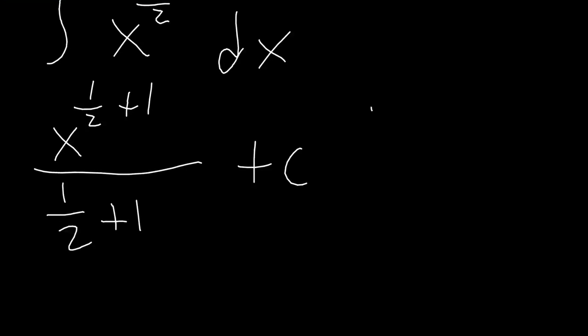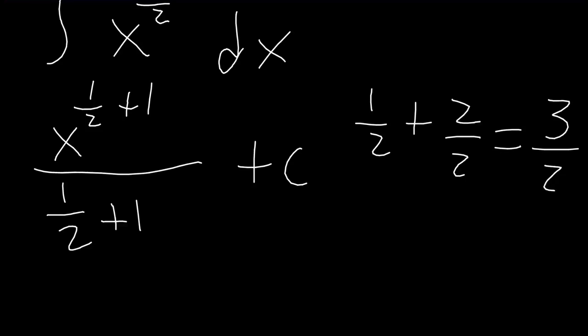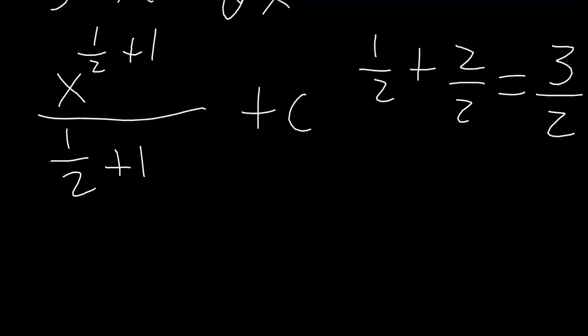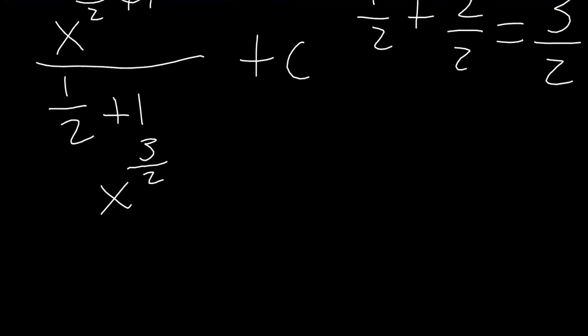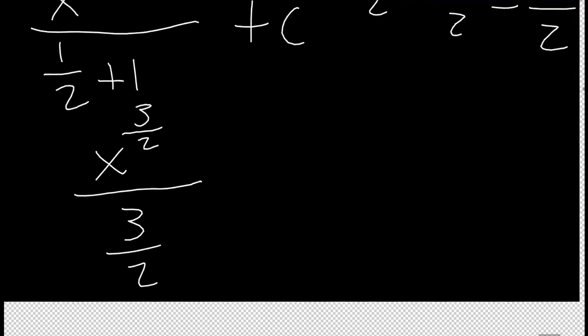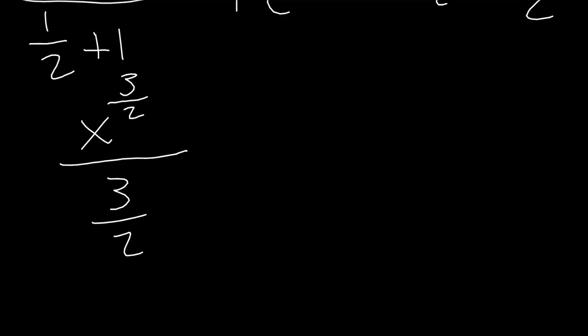So 1/2 plus 1, getting common denominators, is just 3 over 2. So it's going to be x to the power of 3 over 2 over 3 over 2. And now we can just bring the 3 over 2 up.